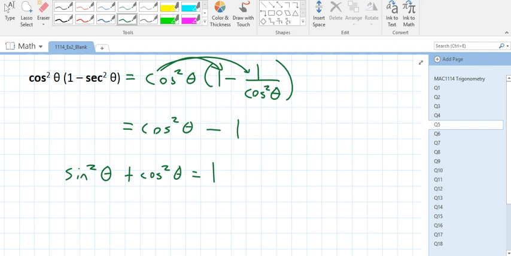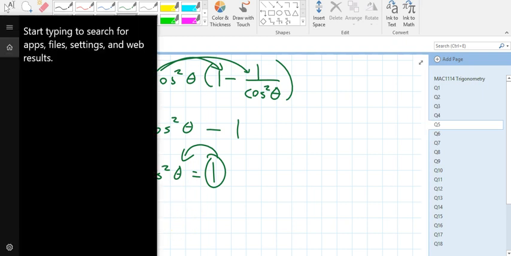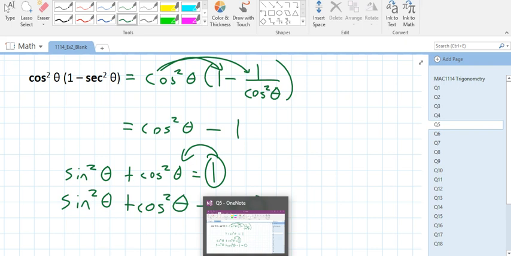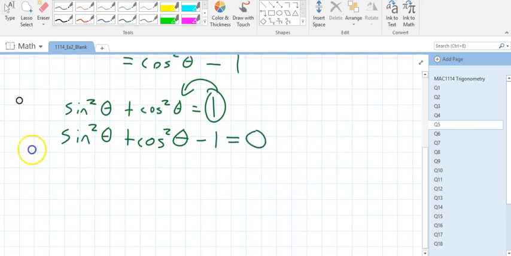Well, if we take this 1 and move it over here, we'll get the cosine squared minus 1, right? Because in order to get rid of a plus 1, you got to subtract 1. There you go. So minus 1, and that would be equal to 0 because we moved everybody over to one side.